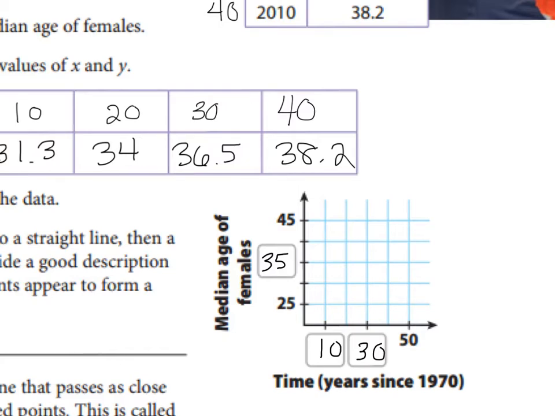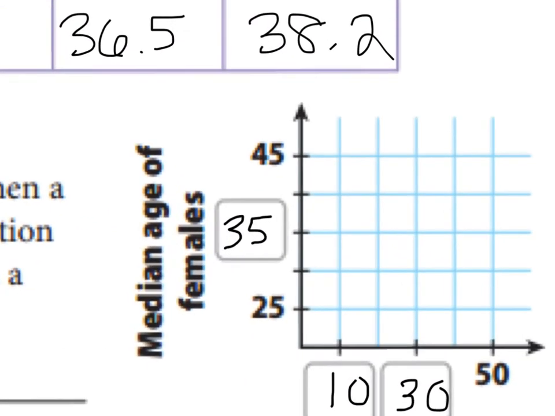So we should have 0, 29.2 is going to be around here, 10 and 31.3, 20 and 34, a 30 and 36.5, and a 40 and 38.2.